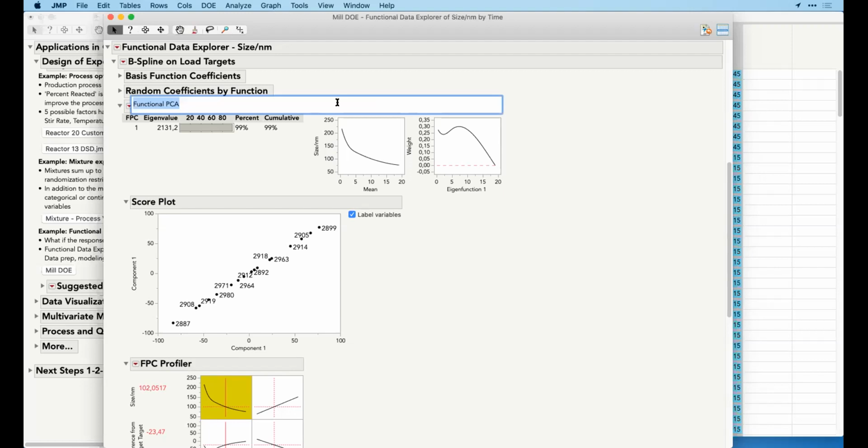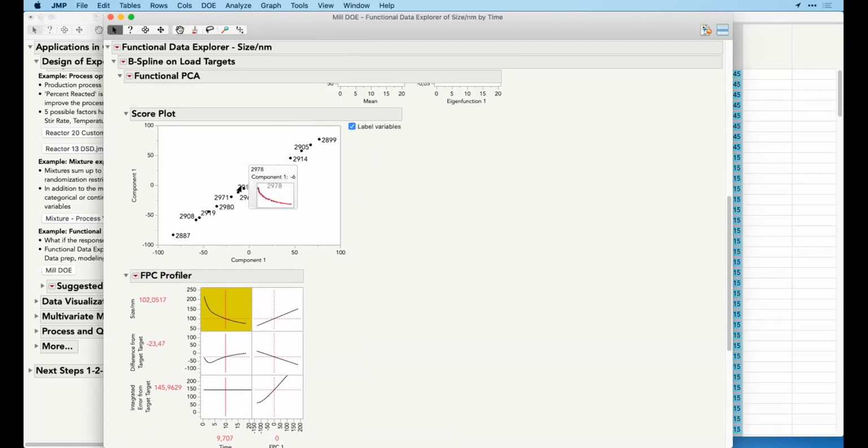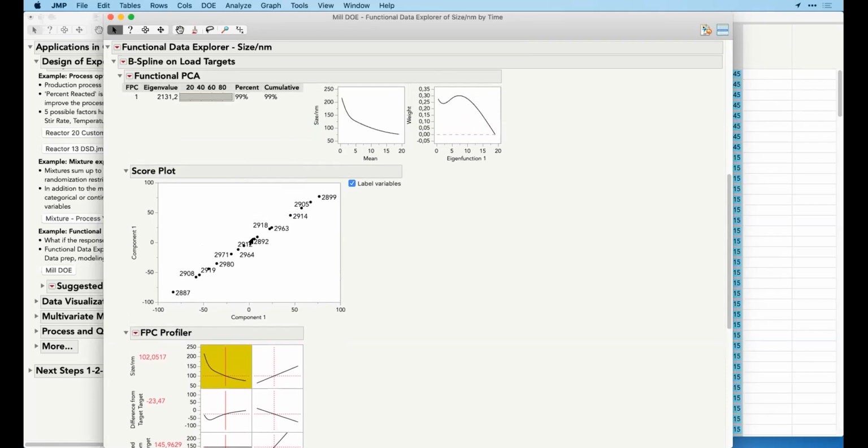So there's one mean, the average function for all batches. And then we add a certain portion of this component to the average, more or less of this eigenfunction, the first principal component. If we add no component, we just get something very similar to the mean.